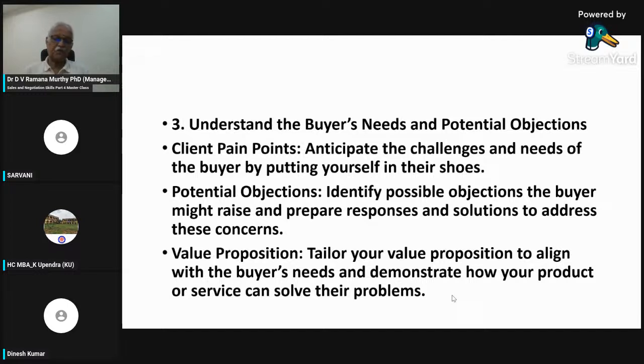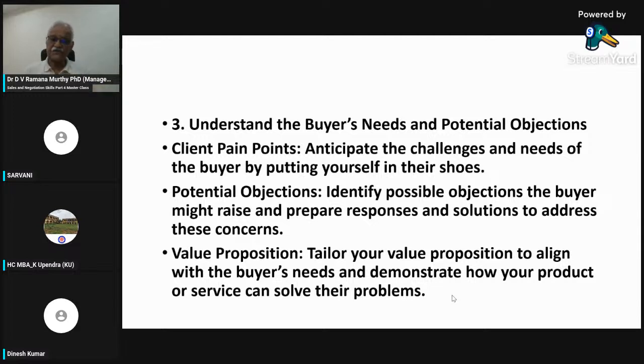And the third one would be value proposition. If you can answer the first one, understanding client pain points, and number two, understanding potential objections, you can best tailor your value proposition to align with the buyer's needs.